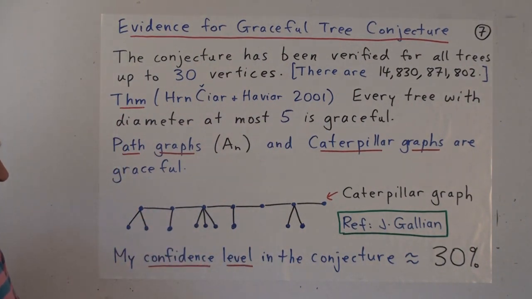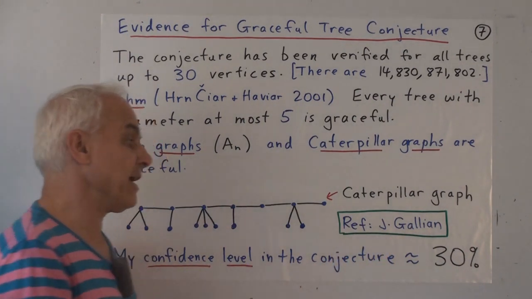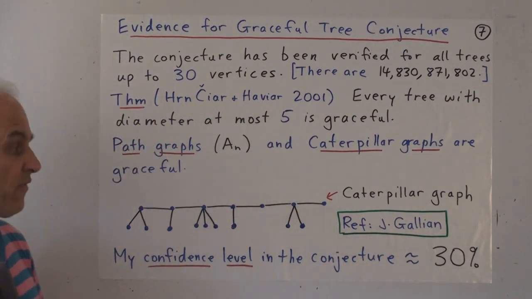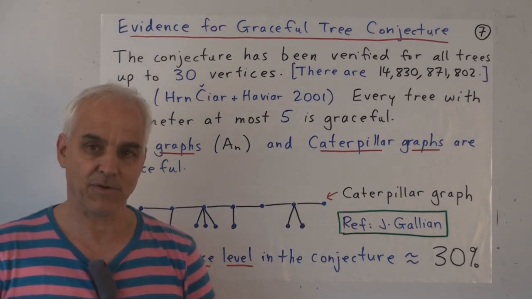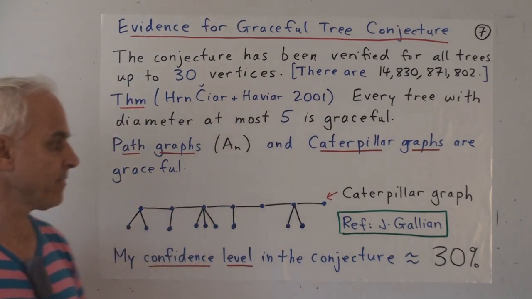The main reference, I suppose, for this subject, if you're interested in more information about the various things that have been done, is Joe Gallian's online survey on labellings of graphs, which includes the graceful tree business prominently.